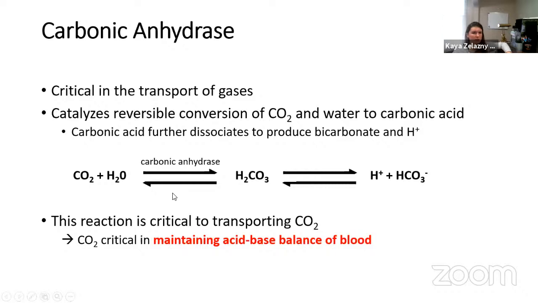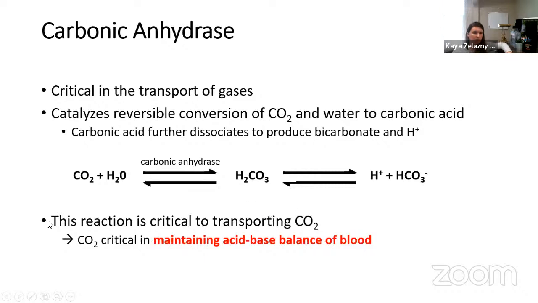So in the future, we'll be talking about like the pH balance of blood and how that relates to breathing. I think we talk about it in renal as well. So we'll talk more about these reactions in the future, but the carbonic anhydrase that we're going to need for those reactions is in our erythrocytes. Okay. So this is going to be critical to transporting carbon dioxide for one thing, right?